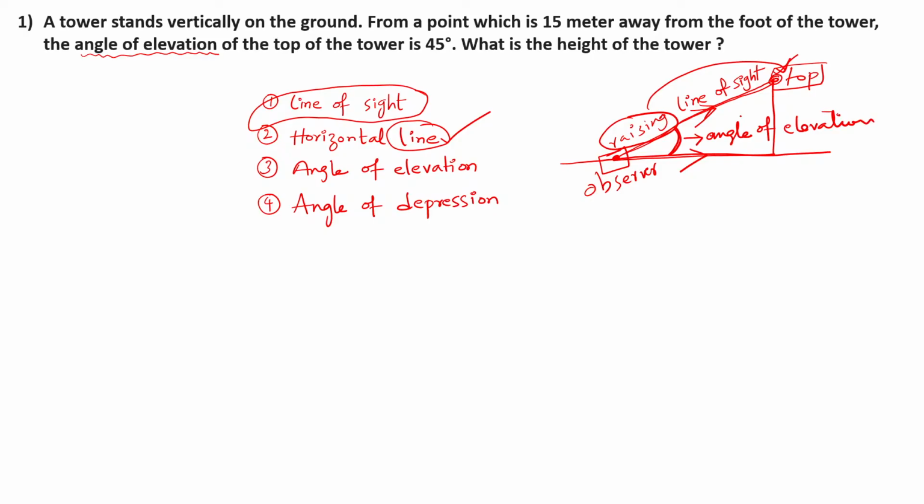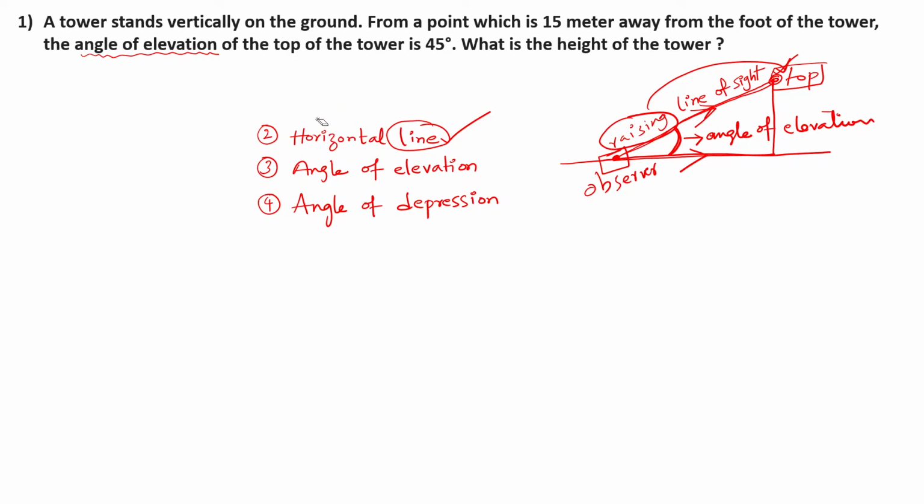Since the observer's head is raised and the target is above the ground level, this type of angle formed between the line of sight and the horizontal is said to be angle of elevation.